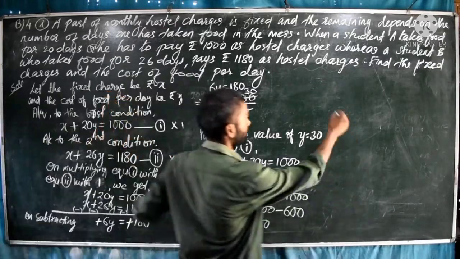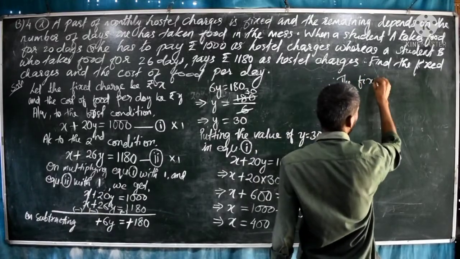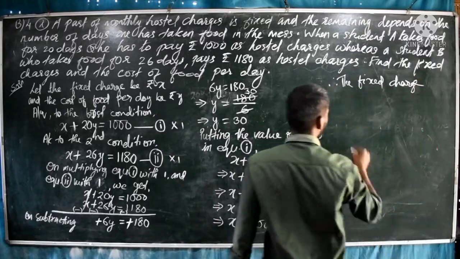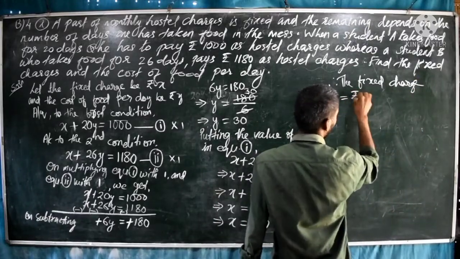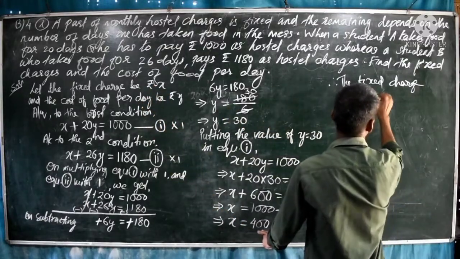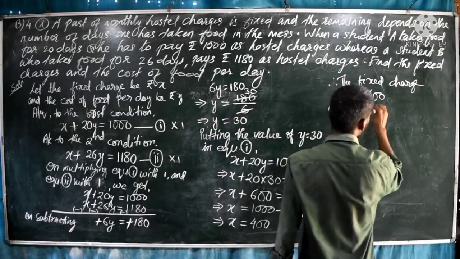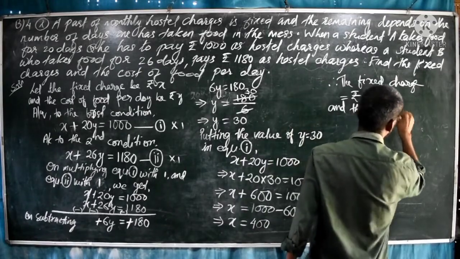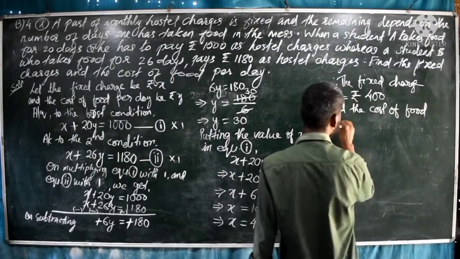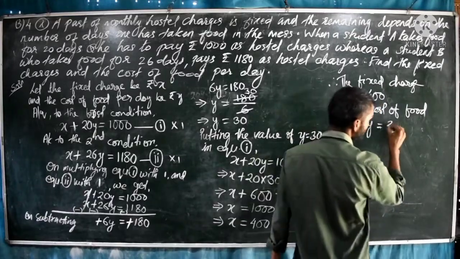So we can write here, therefore the fixed charge is equal to rupees x we took, and the value of x we got here is 400, and the cost of food per day is equal to rupees.